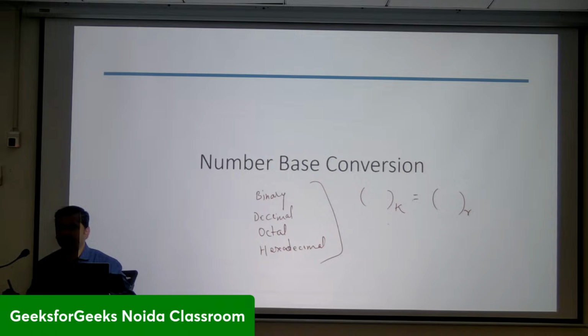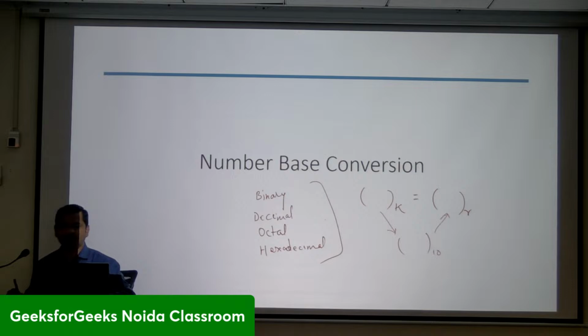So we must have the right conversion, from k to a known one. Okay, it is not necessary to be decimal only. Decimal is very familiar to us, that's why we are able to convert it into decimal, and then from decimal to r. That is a very easy way.